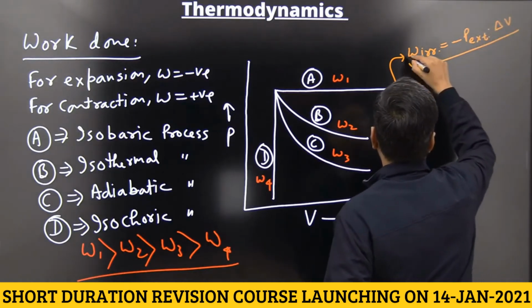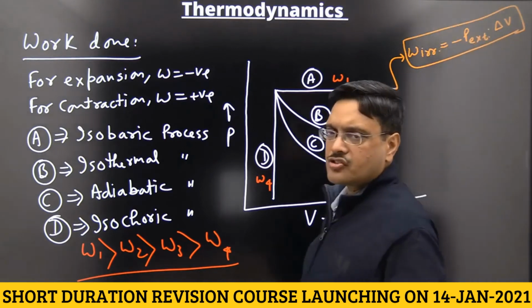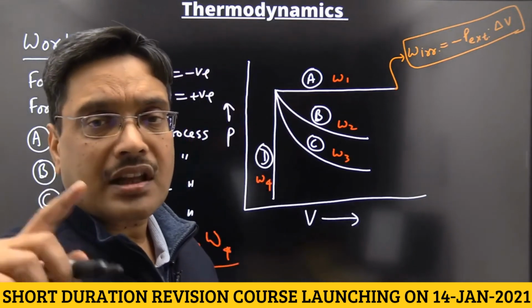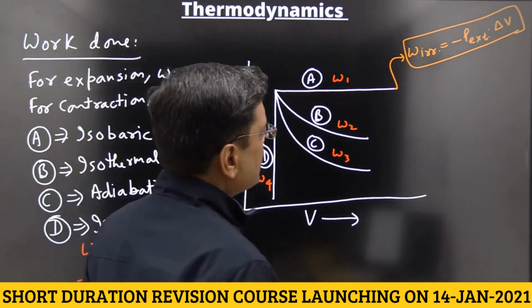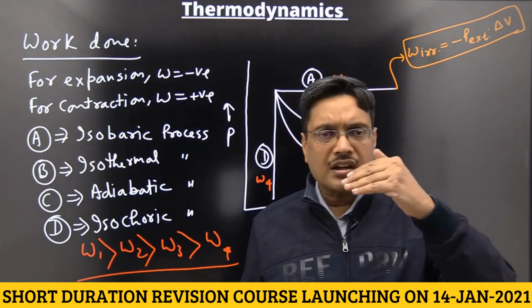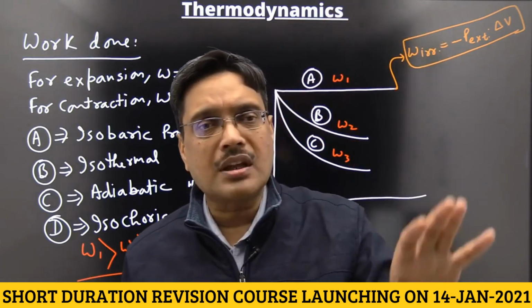And in vacuum, note down this point, in vacuum work done is 0 because P external is 0. If the word vacuum is given in the question, then the work done is 0 because P external is 0. Always work is done against the external pressure, not the P gas.